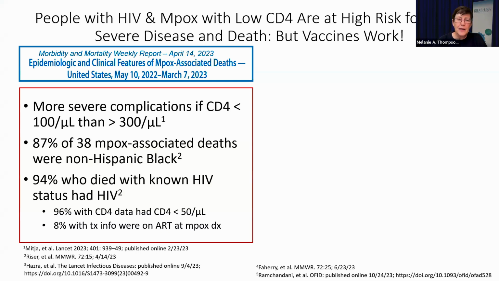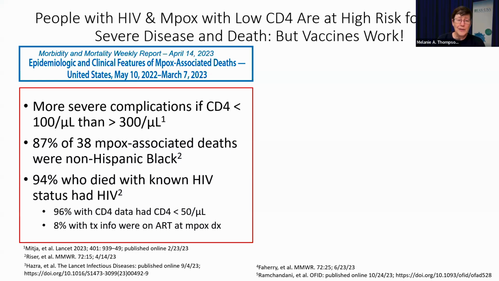And I just have to get on my equity soapbox here for a minute and remind us that we have to employ an equity approach to vaccine distribution so that the people most in need are able to get the vaccines. Also, 94% of those who died in whom we knew their HIV status did have HIV, and almost all of them had a CD4 count less than 50 if we had CD4 information.